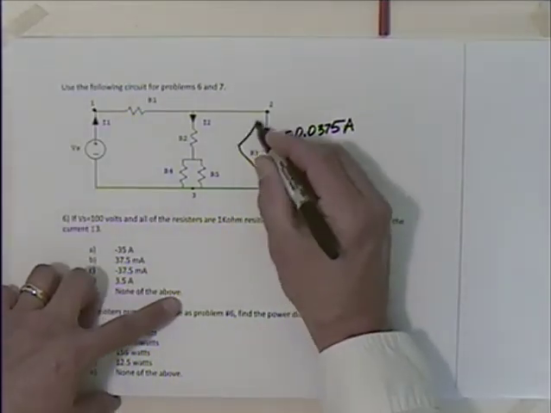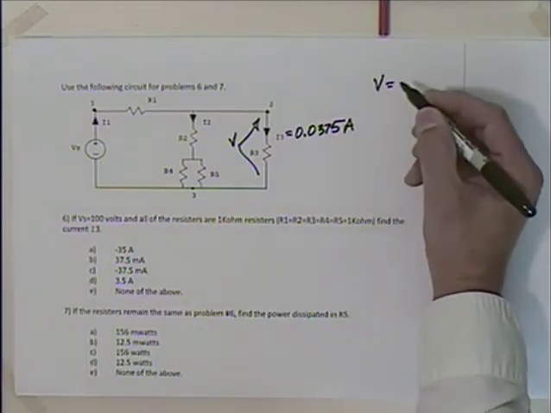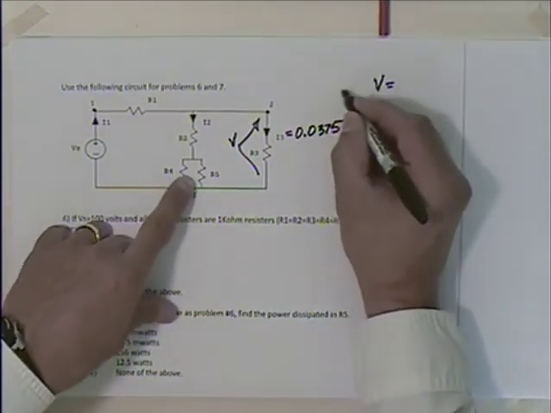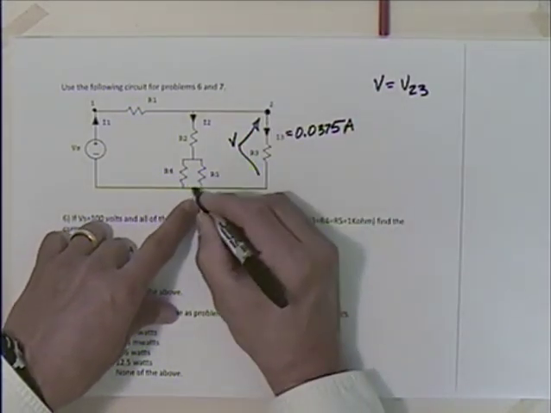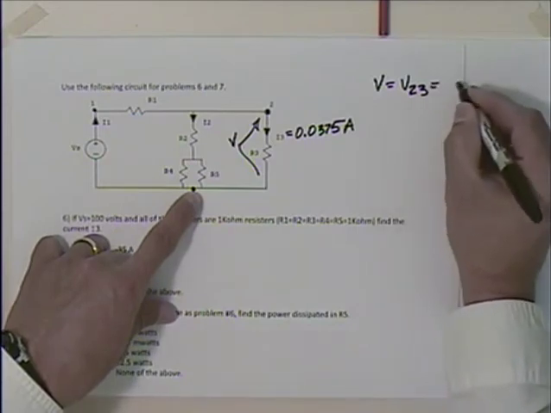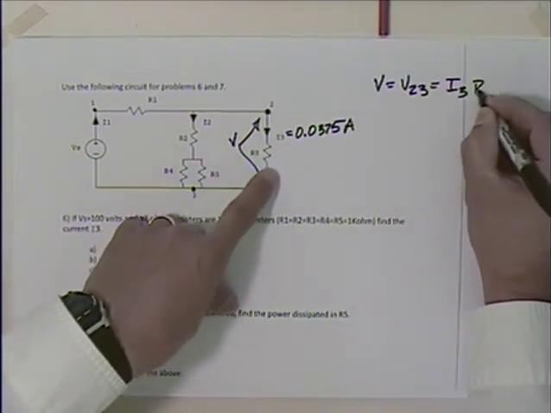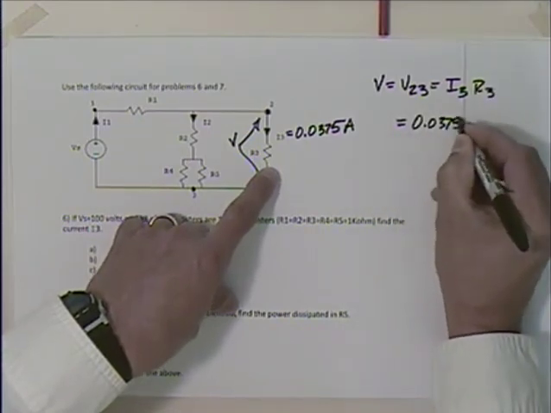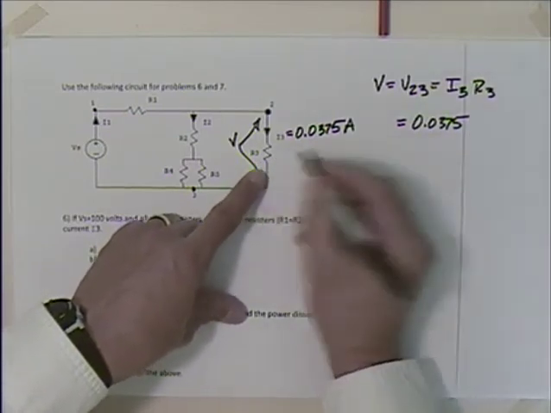Well, with that we could figure out this voltage here, couldn't we? So the voltage is essentially going to be voltage 2,3, wouldn't it? And the voltage at 2 with respect to 3 is going to be equal to I3 times R3, which is 0.0375 times, what do we have, 1K on that?